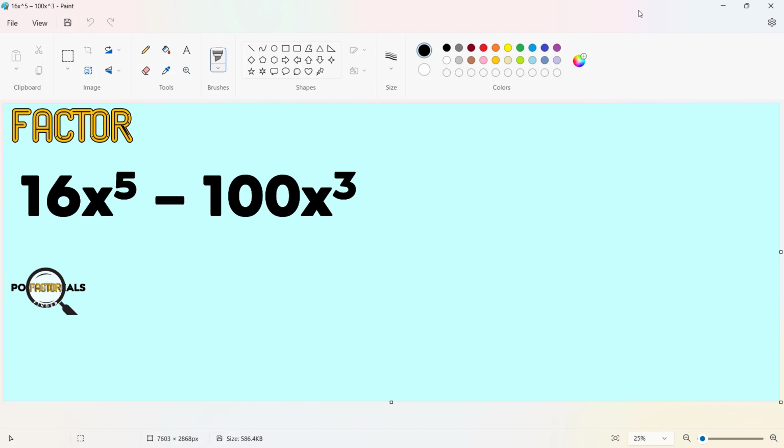Let's now factor this binomial here. And according to our guide, we should start with the common monomial factoring before everything else. Because if we start with the next processes, identifying whether it's difference of two squares, difference of two cubes, factorable polynomials, perfect square trinomial, it will actually complicate things if we cannot look for a common monomial factor.